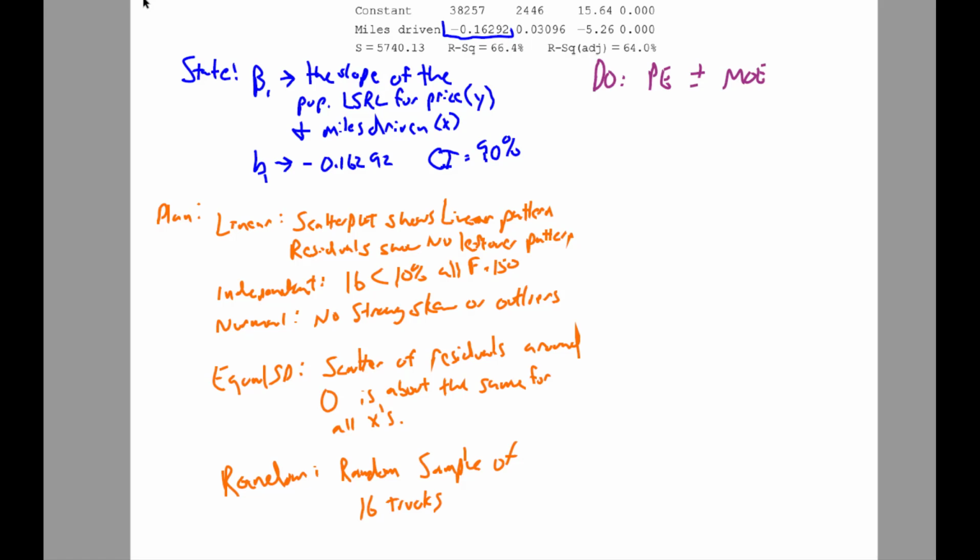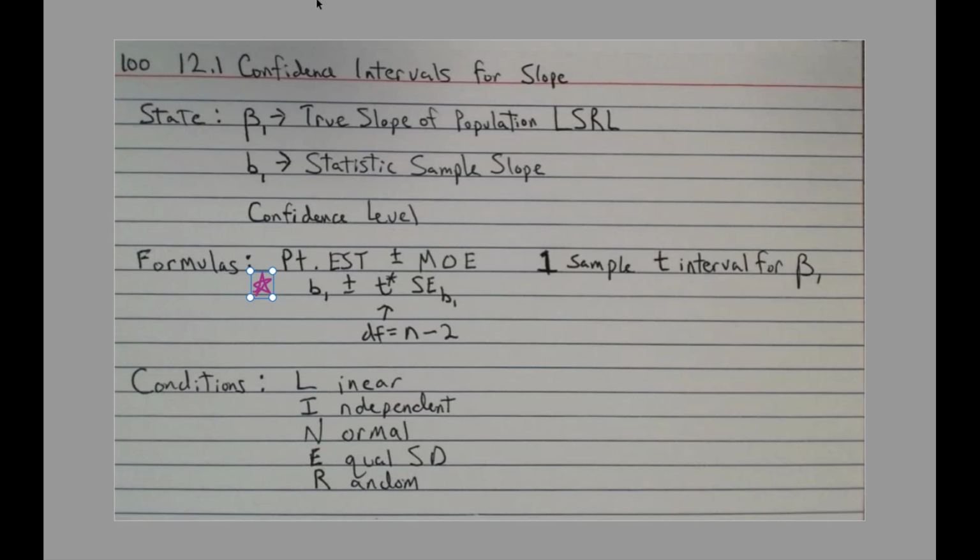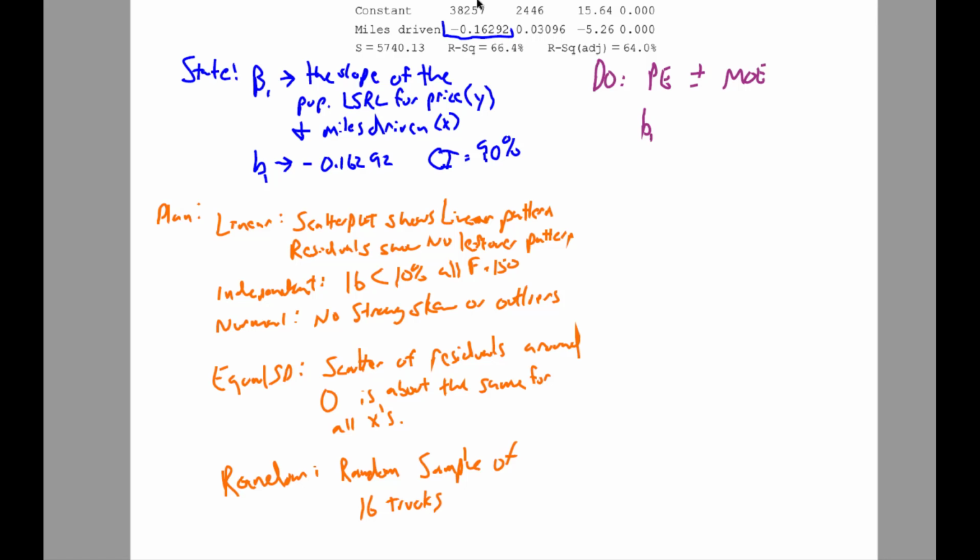Well, our point estimate is simply going to be the b1, right? It's given to us in our big idea, the b1 value, b subscript 1. Then we say plus or minus our t star value, which we'll calculate here in a second. And then our margin of error is t star times your standard error, which will give you your margin of error, okay?